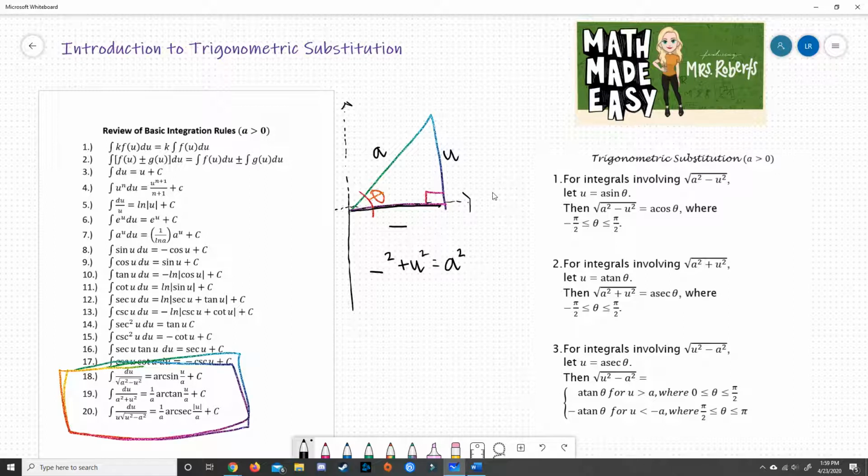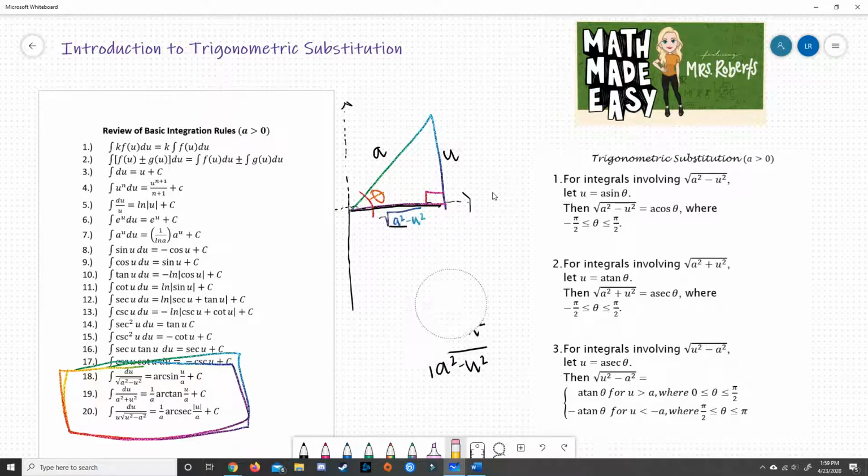I want to get line squared by itself, so I'm going to subtract U squared from both sides, and I get line squared equals A squared minus U squared. Then to figure out what this side is, I'll take the square root. And really, we are only worried about the principal square root, the positive piece, right now. So this side right here is actually the square root of A squared minus U squared.